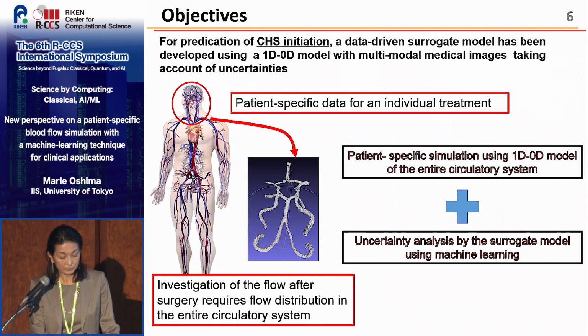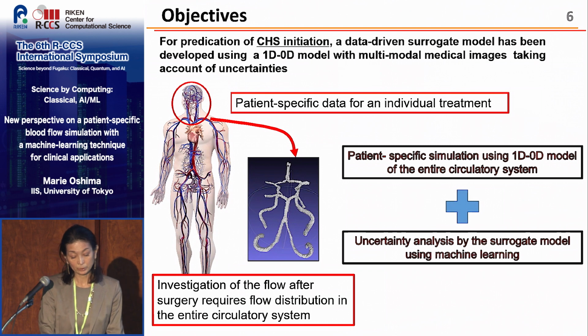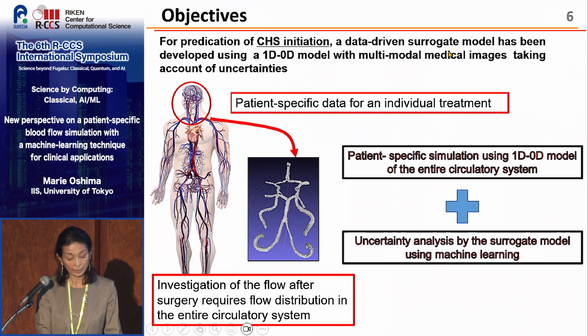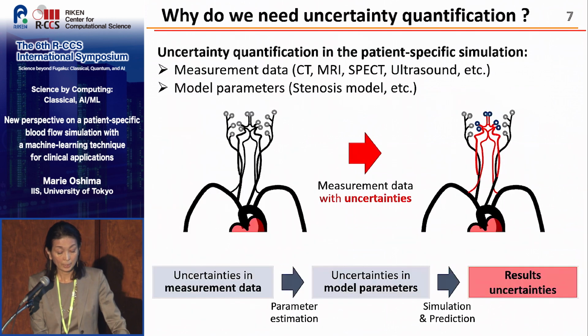So the objective is to predict the initiation of a CHS, and we are trying to develop a data-driven surrogate model, using a 1D, 0D model, and with multi-modal medical images, taking account of uncertainties. As I mentioned, why do we need uncertainty quantification?